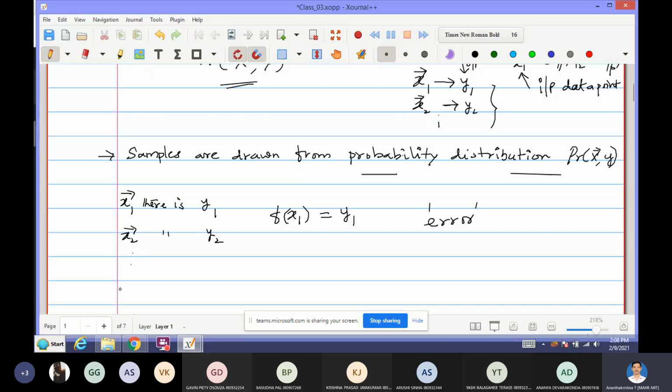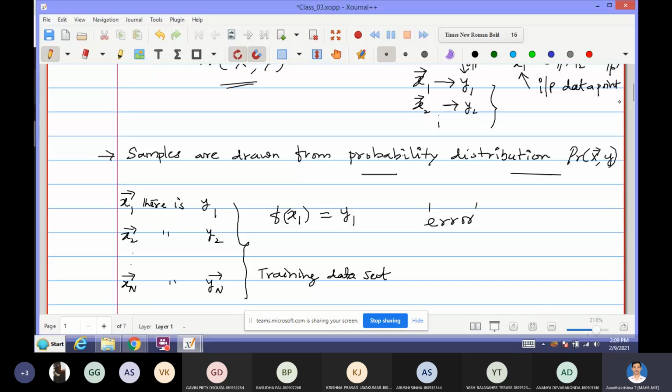Say if there are n data points, capital N, for xn, there is a corresponding yn. This essentially represents our training data set. Okay, training data set, right?